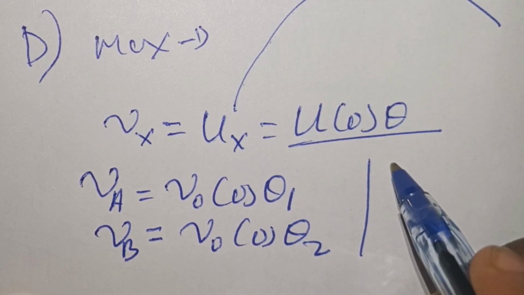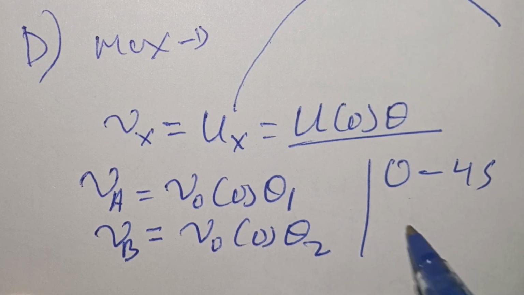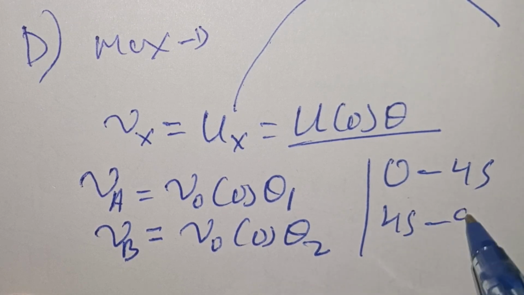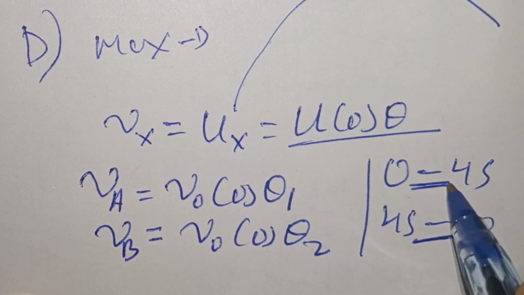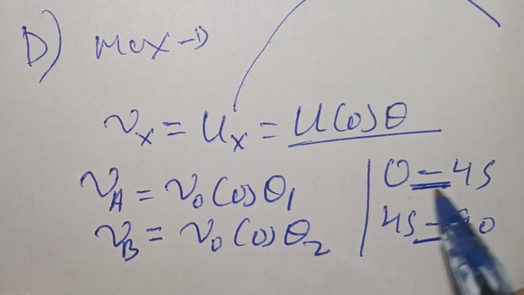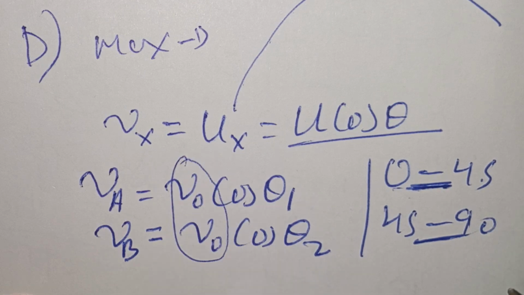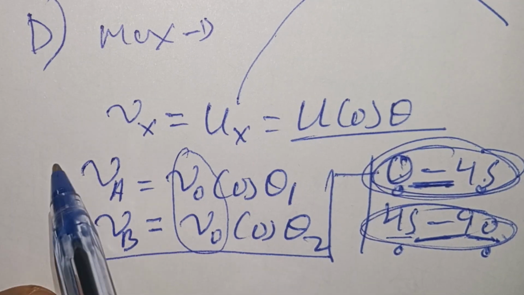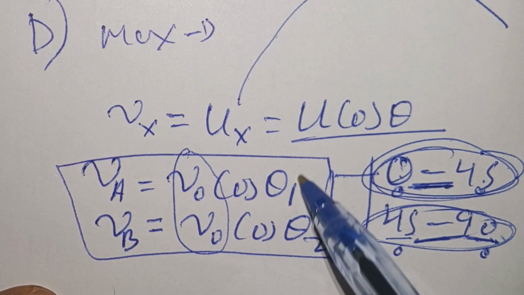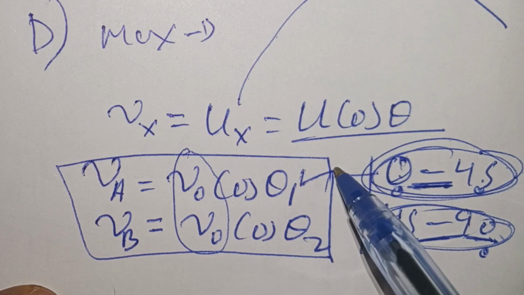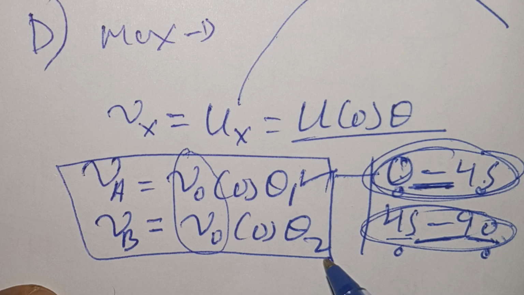So since theta 1 starts from 0 to 45 and theta 2 is from 45 up to 90, and theta 1 is also between 0 and 45 degrees, when we compare these two values, since the balls have equal initial velocity v naught, the projectile launched with the smaller angle has the larger velocity at its maximum height, and the projectile launched with the larger angle will have the smaller velocity at the maximum height.